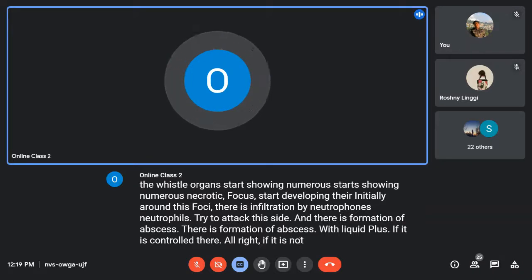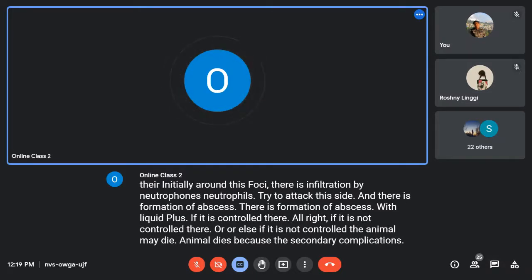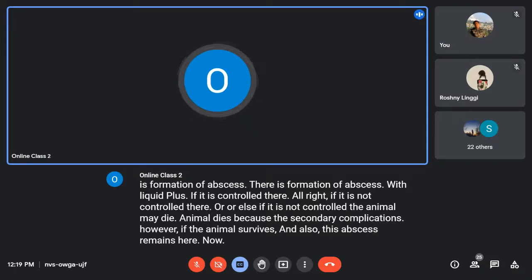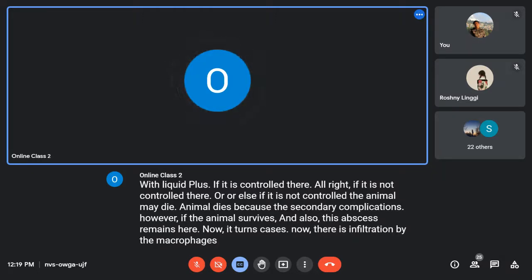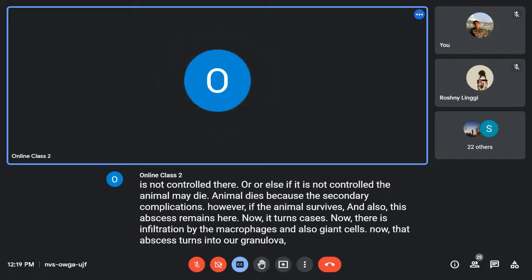If it is not controlled, the animal may die. The animal dies because of secondary complications. However, if the animal survives and this abscess remains there, now it turns caseous. Now there is infiltration by the macrophages and also giant cells. Now that abscess turns into a granuloma.